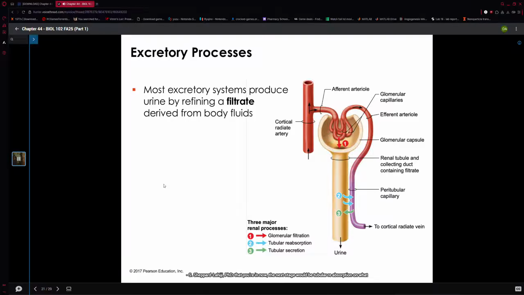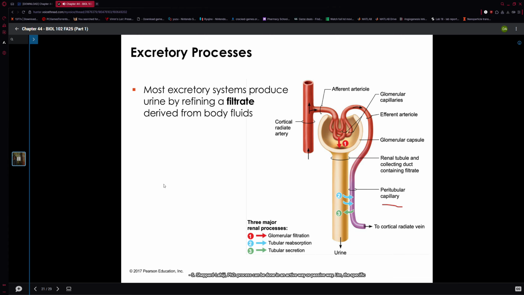Now, the next stage would be tubular reabsorption. And what you should focus on here is the direction of the arrows. Reabsorption is the selective movement of things that are important to the organism. Solutes like glucose, amino acids, and certain ions, we want to move out of the filtrate and into the extracellular fluid, where they'll eventually go back into the bloodstream, entering through peritubular capillaries.